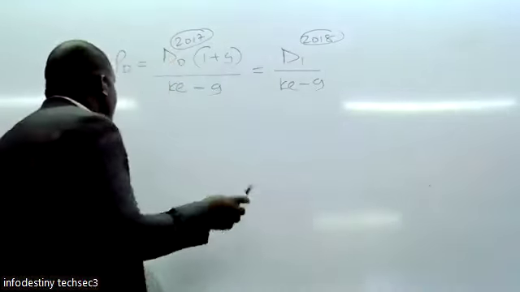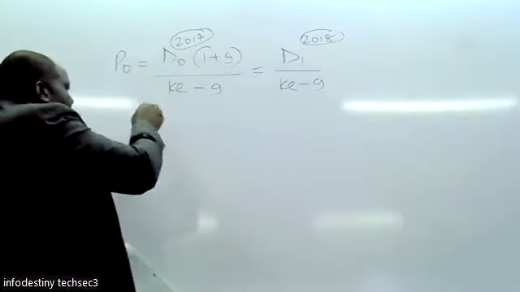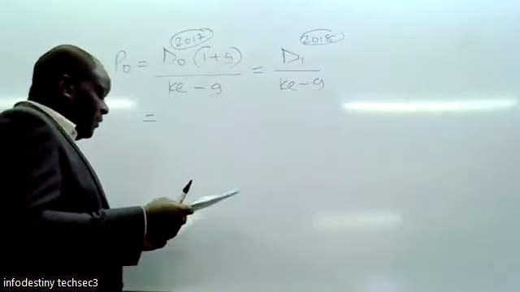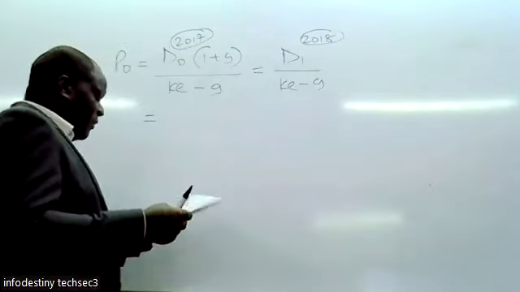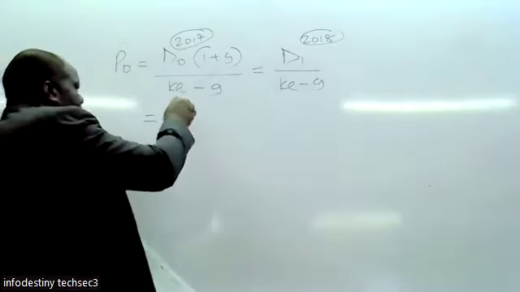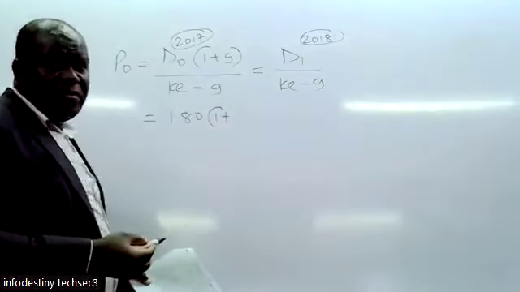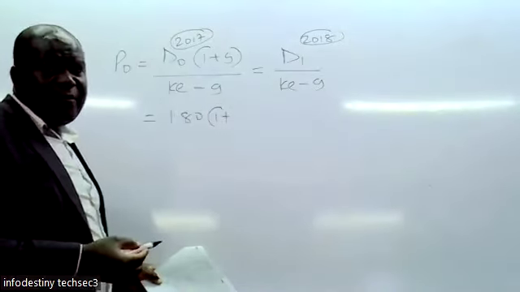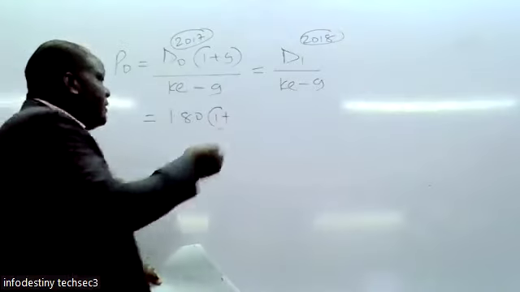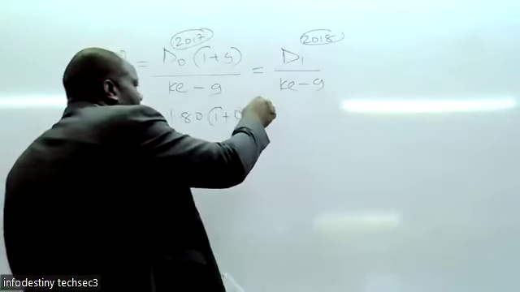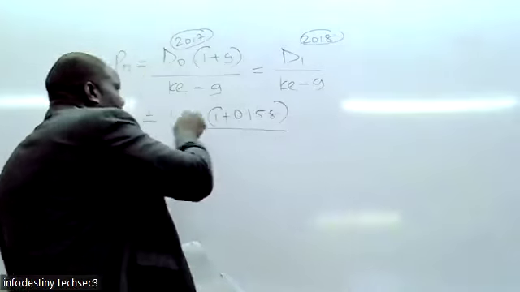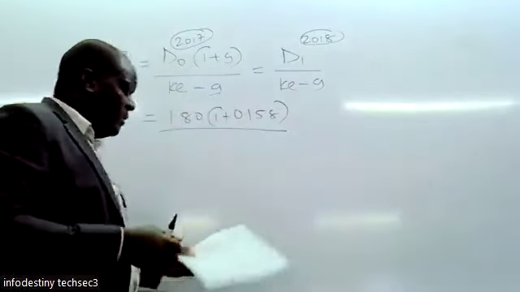So we can now answer the question. Our dividend in the year 2017 was given as 1.80, then 1 plus G. G is what you have just calculated, 15.8, which is the same as 0.158, like that. We divide by KE.